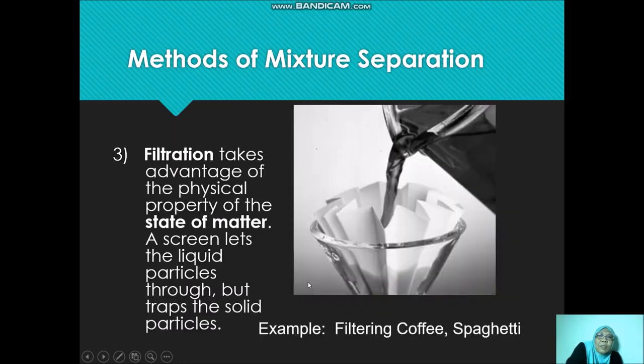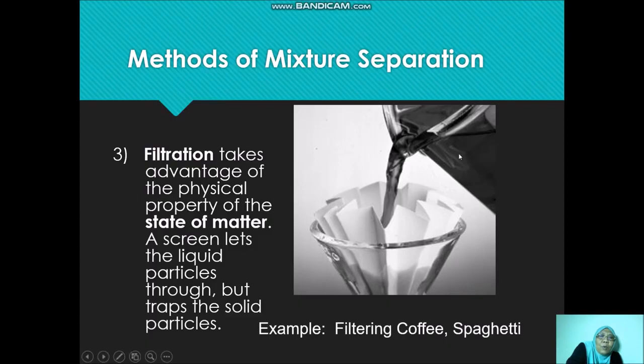The third is filtration. Filtration takes advantage of the physical property of the state of matter. A screen lets the liquid particles through but traps the solid particles. Here, you can imagine separating coffee. In the coffee, there are two layers, two kinds of state.